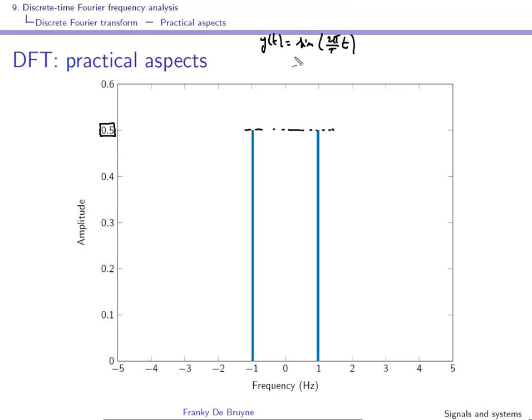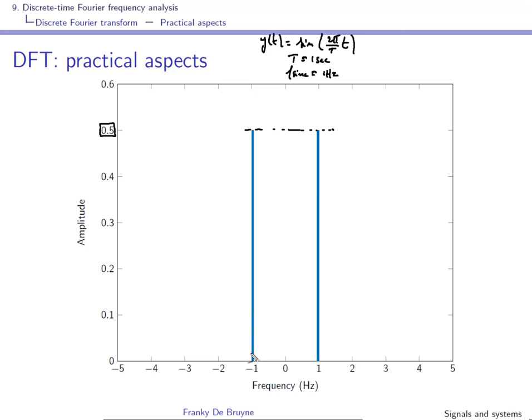In this case, T is approximately 1 second, so the frequency of the sine is approximately 1 hertz, and this is indeed the frequency that you see.